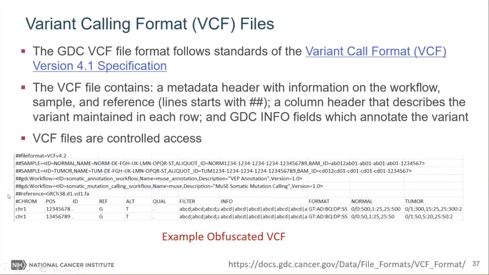This symbol allows the different VCF file reader software to recognize and differentiate between information content. The variant information comes after the meta-header section, and each row represents 1 variant with chromosomal coordinates, reference and alternate alleles, etc. The info field within each row annotates the variant. Next slide.